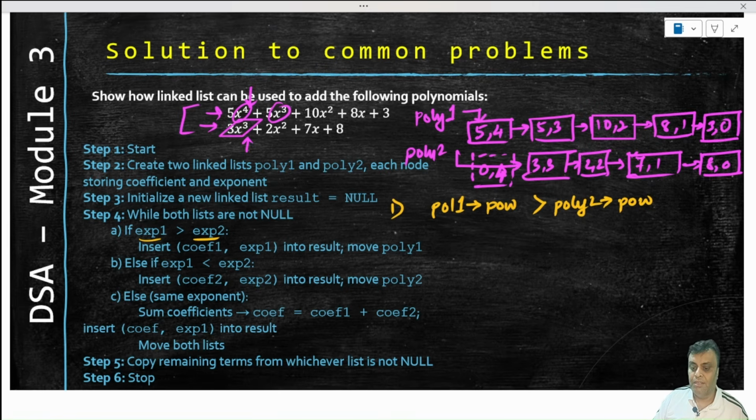So evidently, this resultant polynomial will therefore have 5, 4 as its first element.